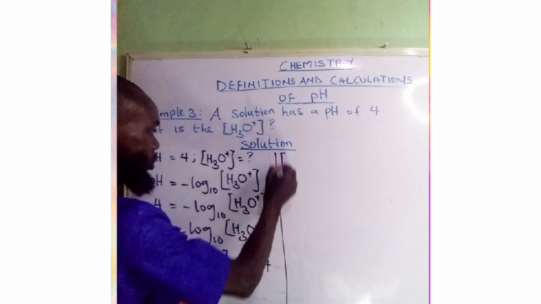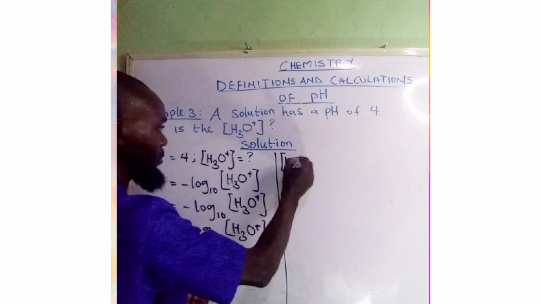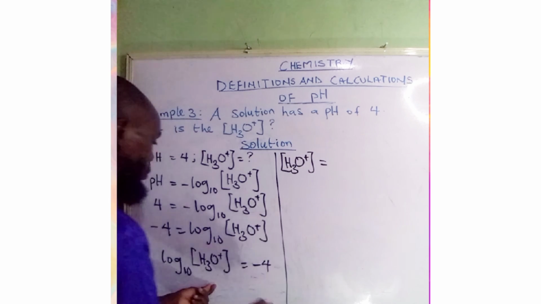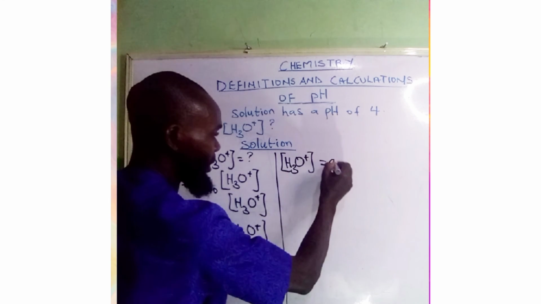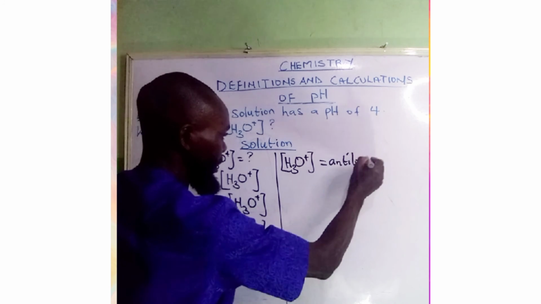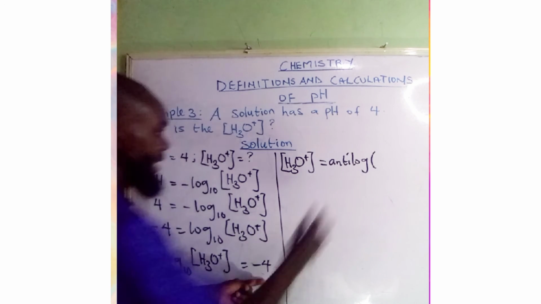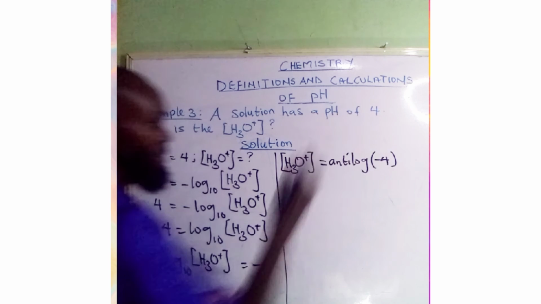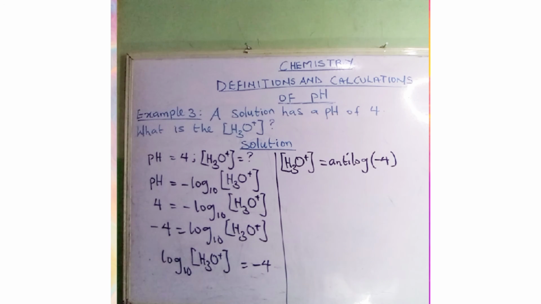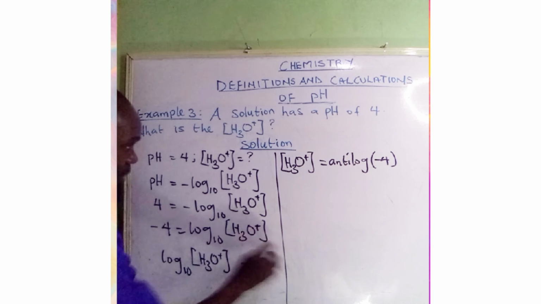So oxonium ion concentration equals anti-logarithm of minus 4. That is to get the concentration of the oxonium ion. Since this is a logarithm of 10, and we want to get the value of this concentration, it should now be equal to the anti-logarithm of this value.